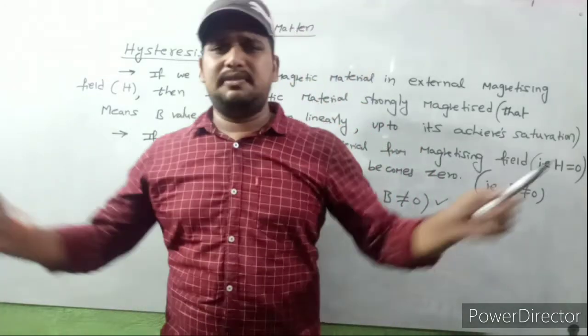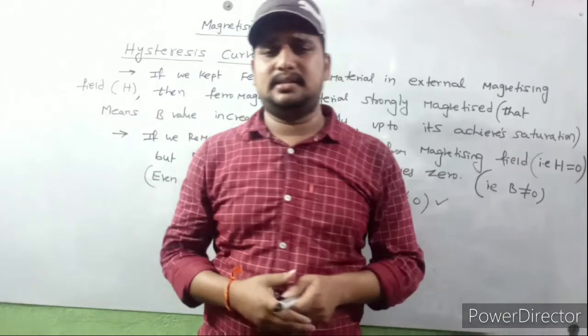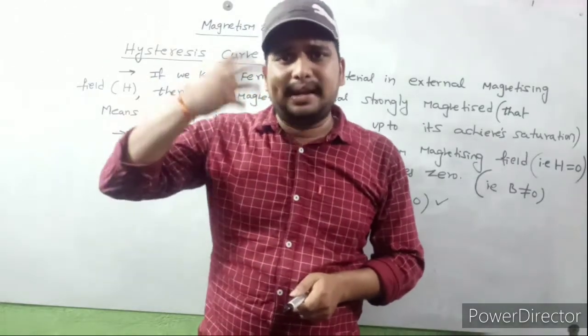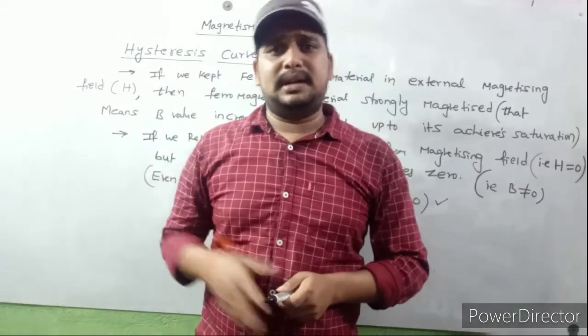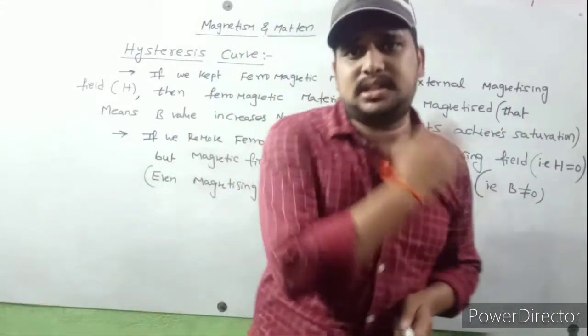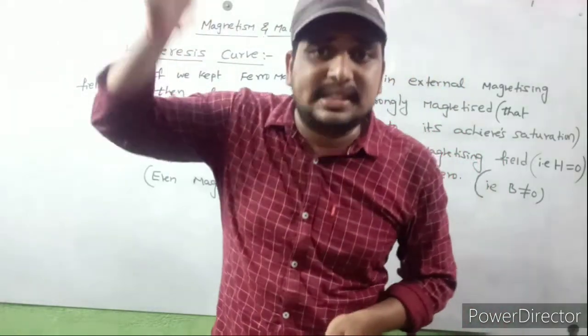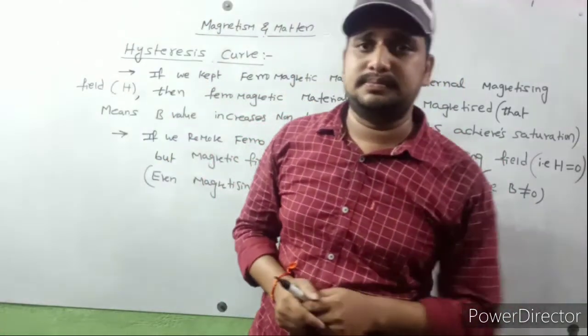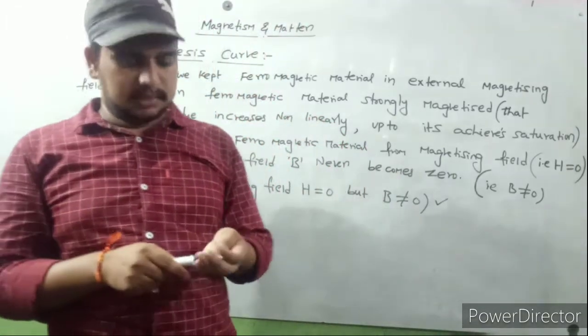Observe carefully. Only if the magnetizing field is there will it behave as a magnet and attain some magnetic properties. But even if I remove H, some magnetic field still exists inside the ferromagnetic material, even though the H value becomes 0.